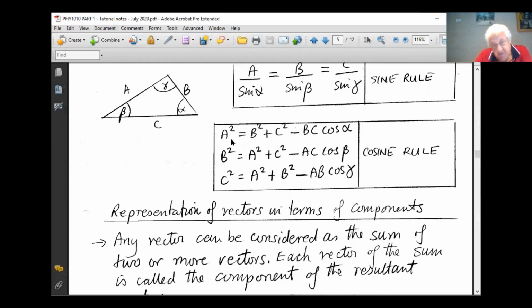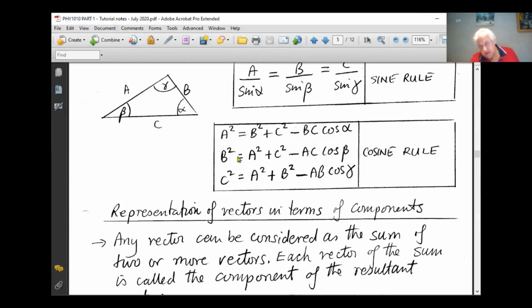My cosine rule is very like Pythagoras' theorem, but it applies to all three sides, except we have this extra term that we subtract. So A squared equals B squared plus C squared minus 2BC cos alpha. Notice that alpha is the angle opposite A. And the vectors that we add are also the vectors that we multiply cos alpha by.